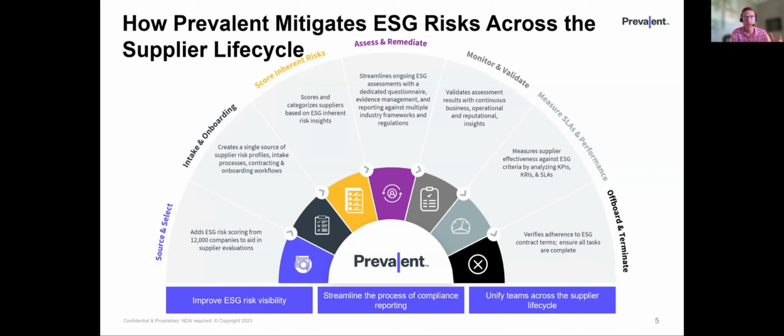And then the assessment that we mentioned, the continuous monitoring, if you are leveraging our contract lifecycle management capabilities to build ESG clauses and right to audits into your contracts, we can help you extract that information through AI and then track it through SLA and performance management capabilities.